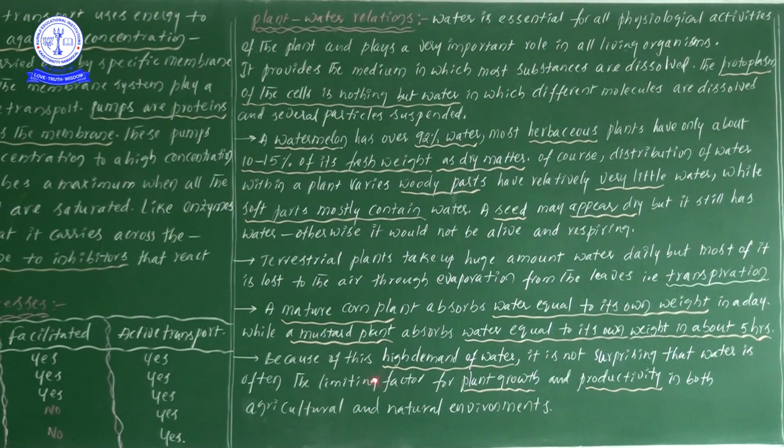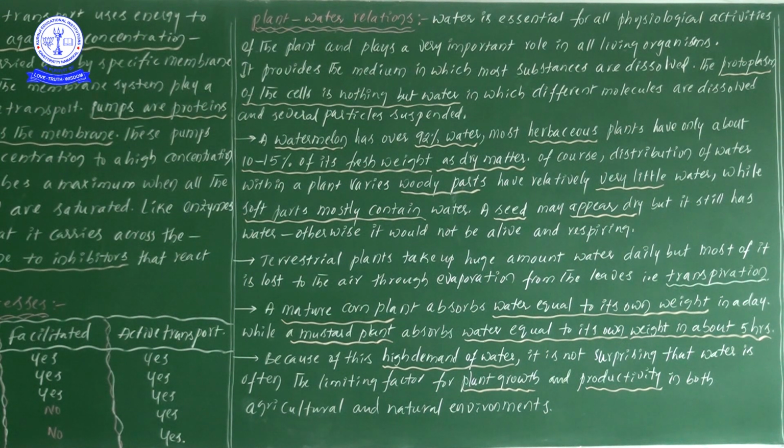Because of this high demand for water, in any part of the plant you take, we will definitely observe the presence of water, isn't it? So because of this high demand for water, it is not surprising that water is often the limiting factor for plant growth and productivity in both agricultural and natural environments.